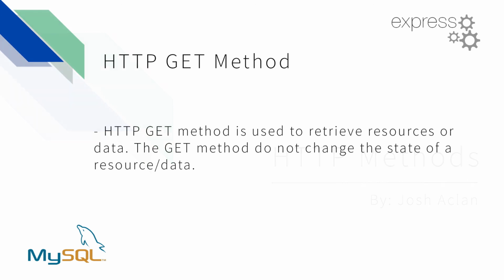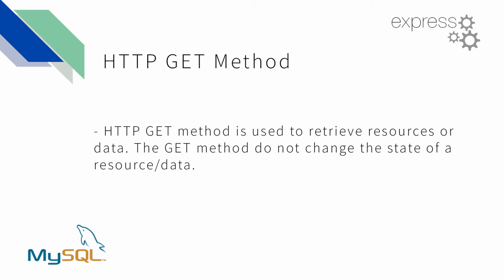First, we have the HTTP GET method. The GET method is used to retrieve resources or data. The GET method does not change the state of a resource or data. Mainly, the HTTP GET method is used to retrieve data from your data collection or your database, or whatever type of data collection you have.